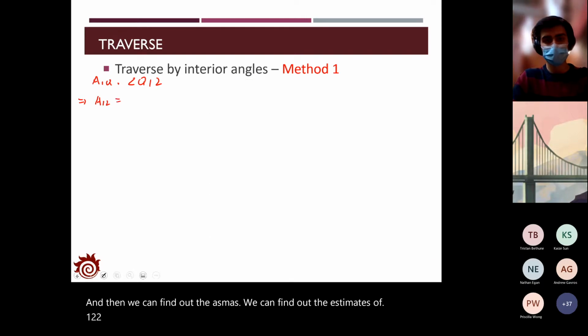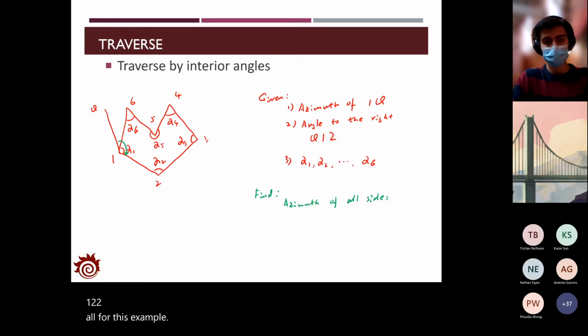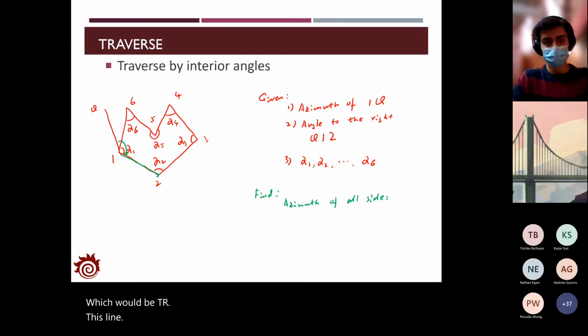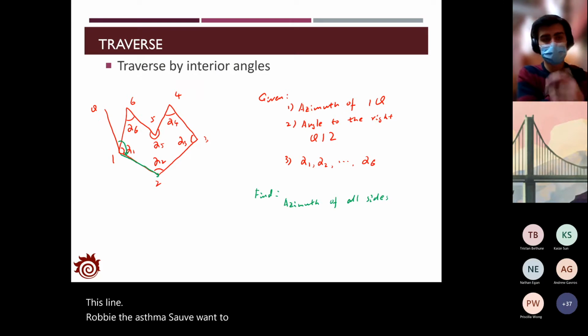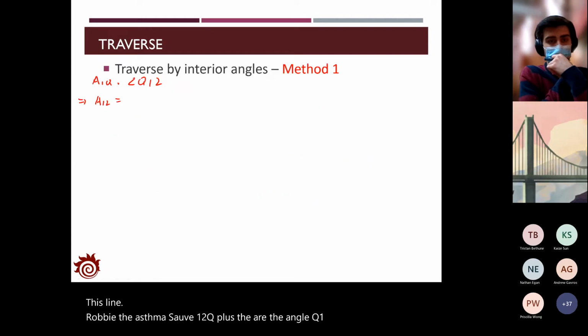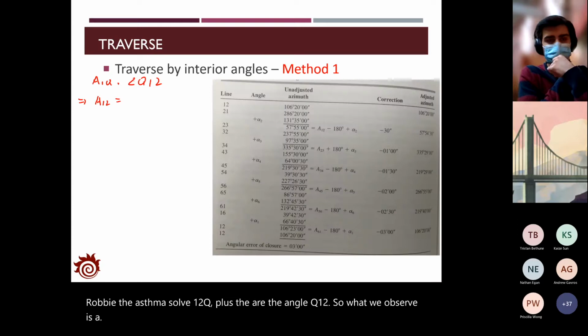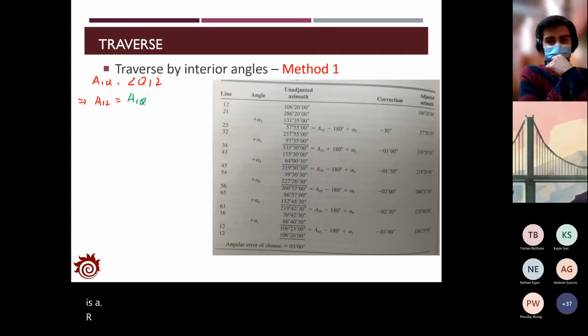For this example, the azimuth of 1 to 2, which would be this line, will be the azimuth of 1 to Q plus the angle Q12.